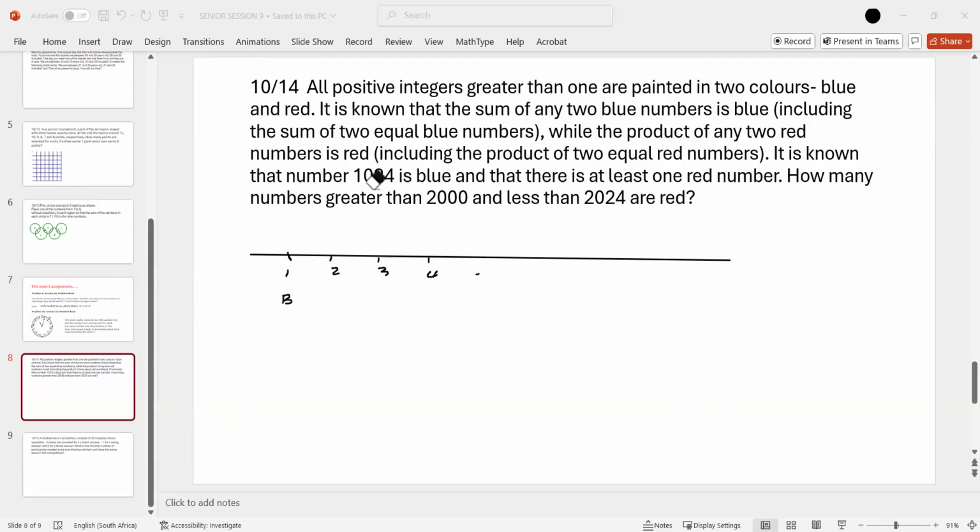Now, we know that 1024 is blue. Those of you familiar with numbers will know that 1024 is 2 to the power of 10. Now can 2 be red?